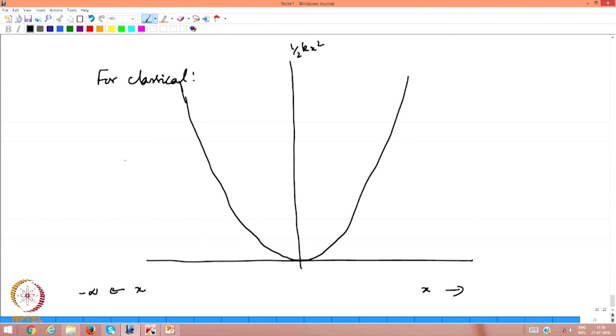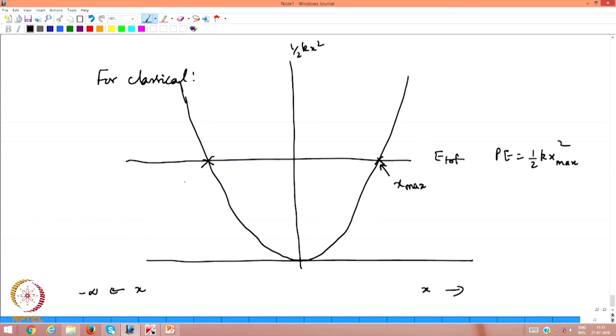So if we have a total energy given by some value E total, then you remember this value of x max, which is the turning point for the classical oscillator, where the kinetic energy is 0 and the potential energy is maximum. So at this point the potential energy is half k x max square. This is x max, this is minus x max.